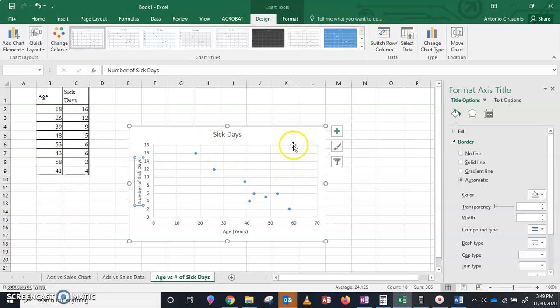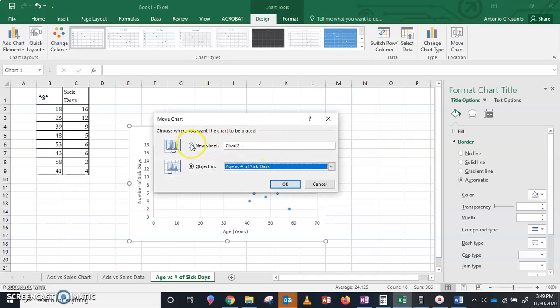Now you can see then, we'll add a title, say, age versus sick days. There we go. And I'm going to move my chart. Let's say age versus sick days.